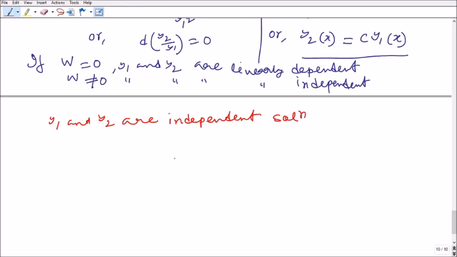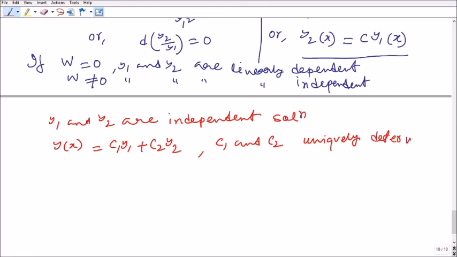then this complete solution, that is the general solution c1 y1 plus c2 y2, will be a unique solution, and that means c1 and c2 can be determined uniquely. That means w is not equal to 0.